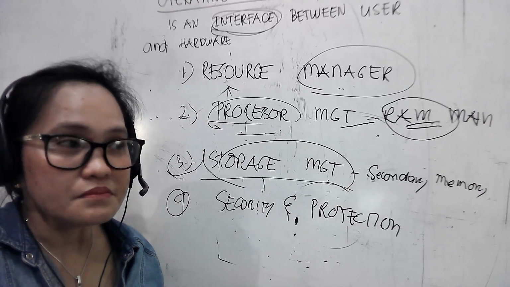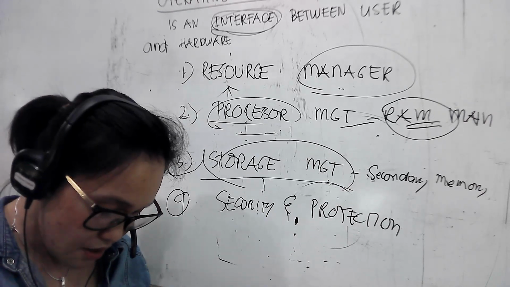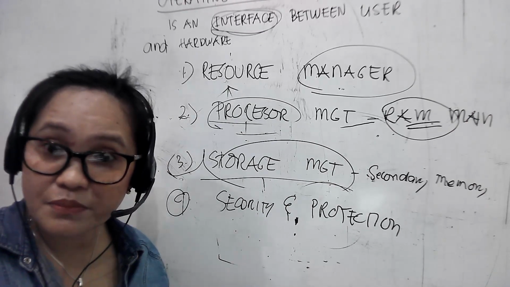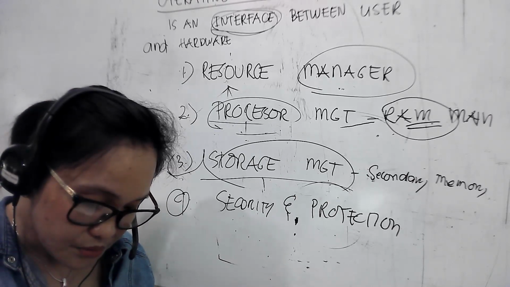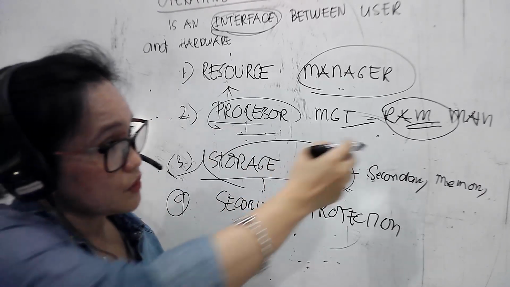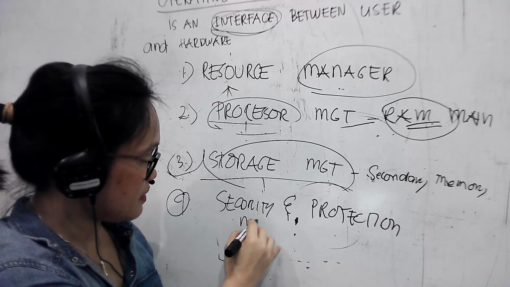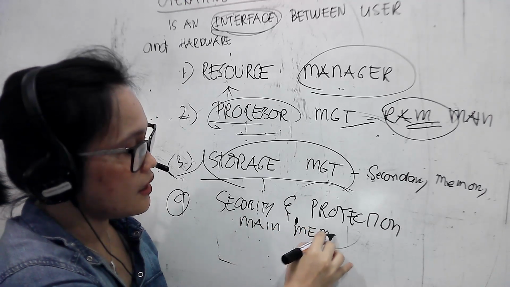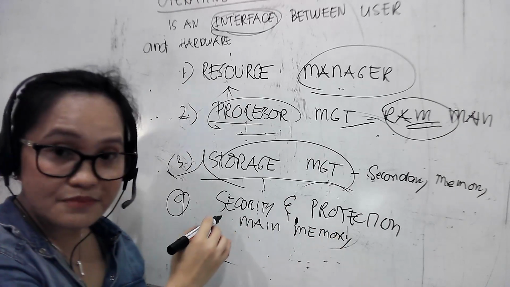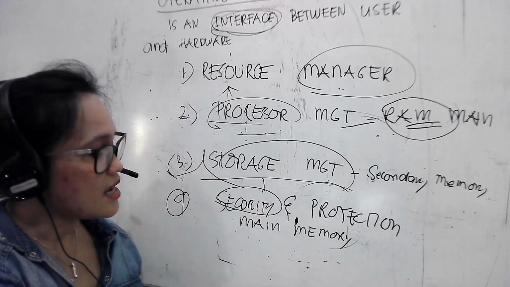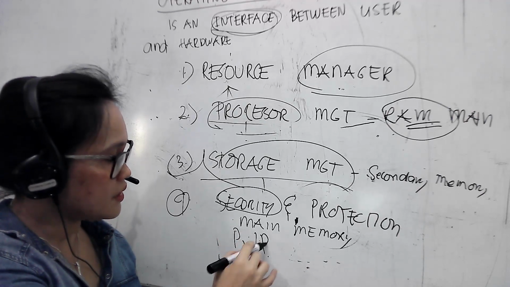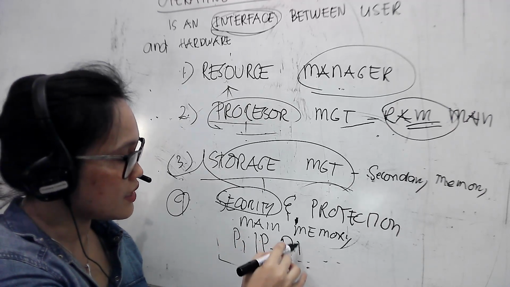Now, what is the operating system doing when it comes to the level of processes? In the main memory, we call it RAM. In the main memory, naa tay gitawag nga P1, P2, P3.